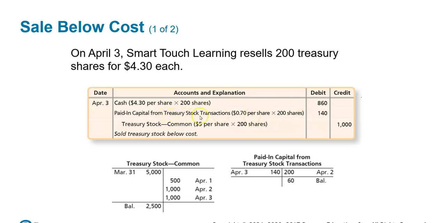This is paid in capital treasury stock, 70 cents per share times 200. Now notice that the $1,000 gets issued at cost out of Treasury stock, but we take it out because it was at a discount. We take that $140 out of paid-in capital Treasury stock from the premium we had before. So now we have a balance of $60 in paid-in capital Treasury stock transactions.